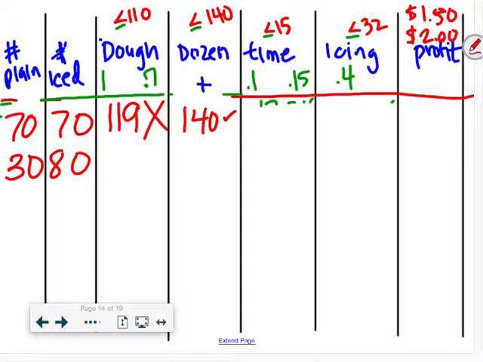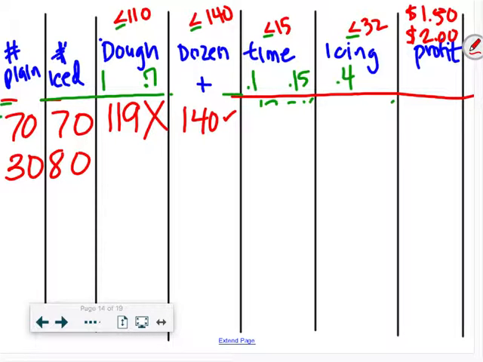I can't maybe write that close to the top. So we'd have 900 minutes, and so instead of multiplying by 0.1 and 0.15, you could multiply by 6 and 9, okay? But the other way would be 0.1 times, type this in your calculator, 0.1 times 70 plus 0.15 times 70, and that would tell you then in hours.